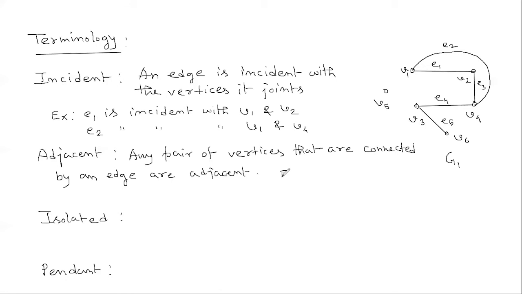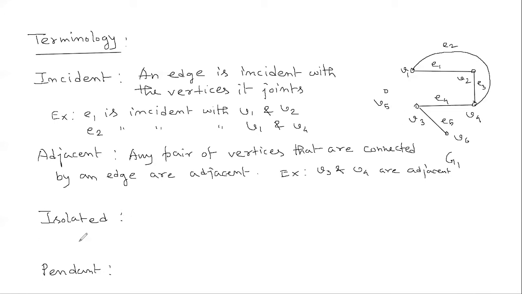For example, V3, V4 are adjacent, or neighbors. V3, V6 are adjacent. But V1, V5 are not adjacent.